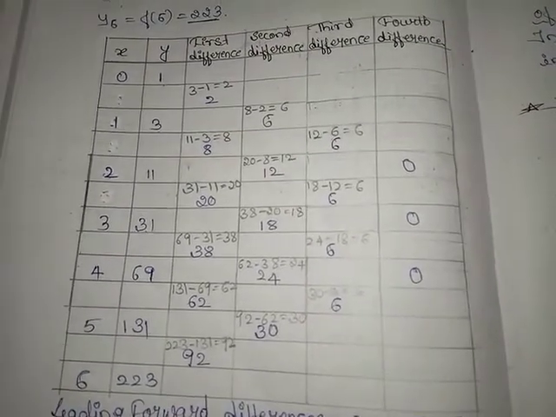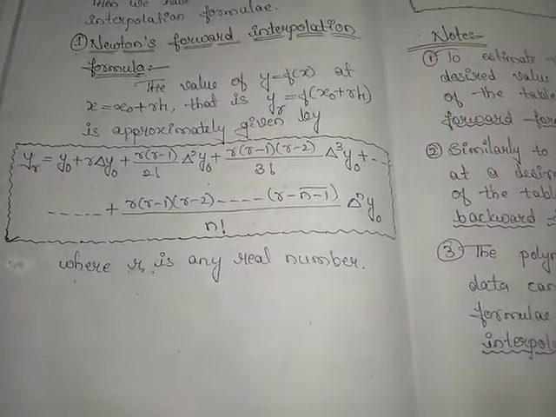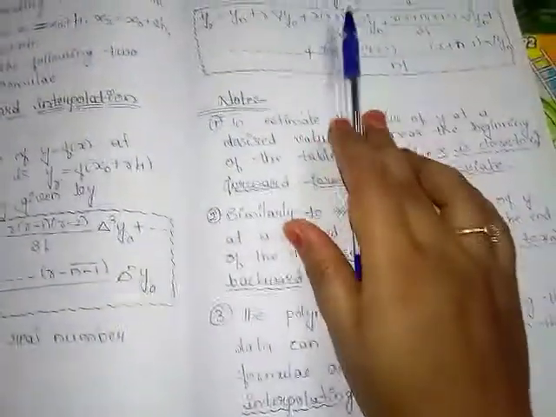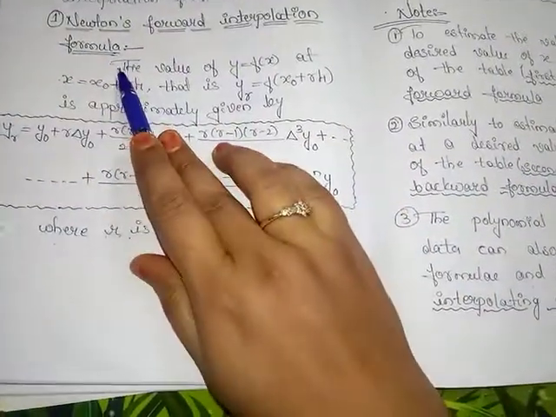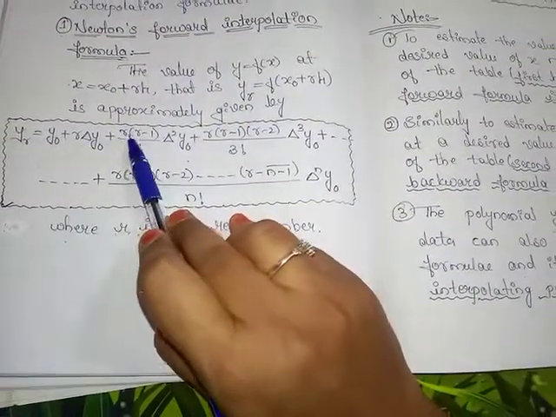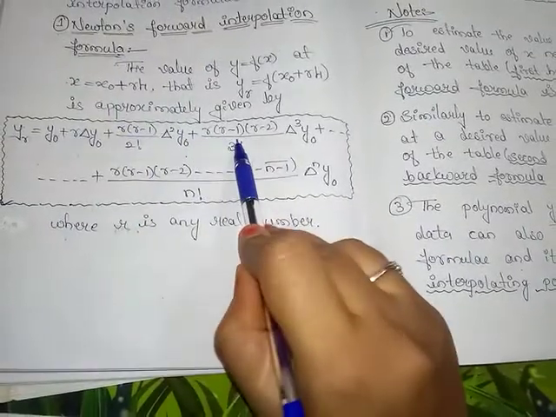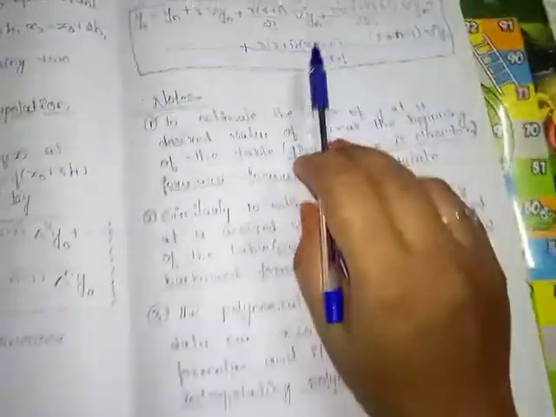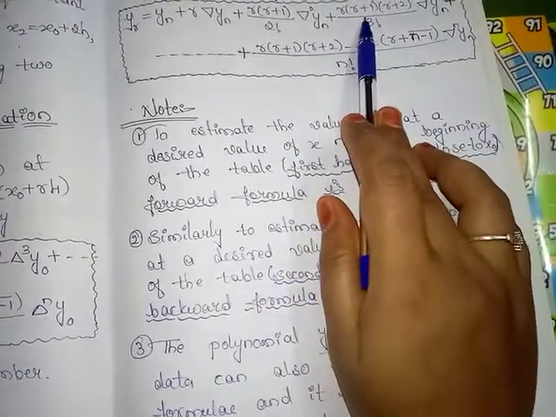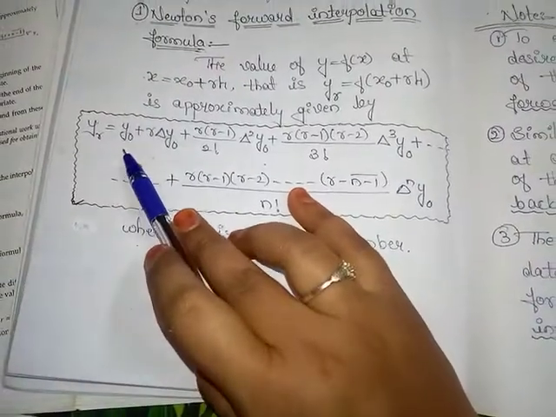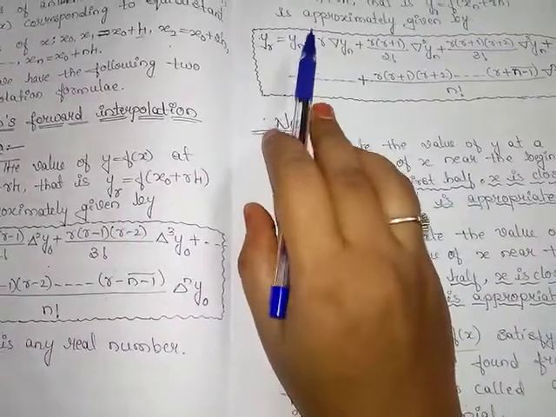Don't confuse r minus 1 and r plus 1. In Newton's forward interpolation formula, you have r into r minus 1, r into r minus 1 into r minus 2. But in the case of backward, you have r into r plus 1, r into r plus 1 into r plus 2. And here the first term is y naught and there the first term is yn.